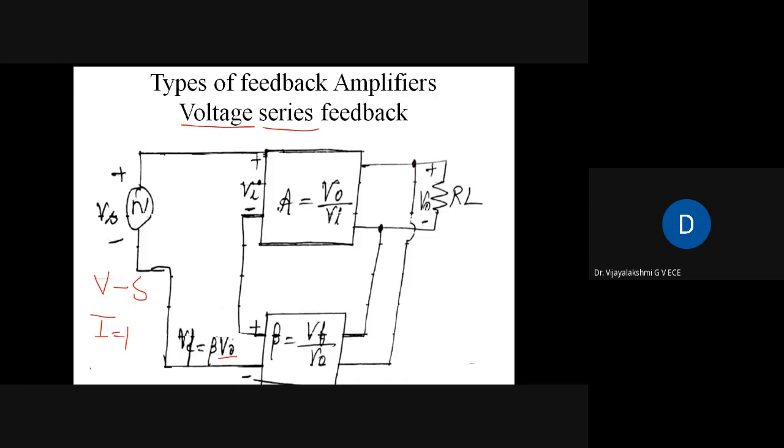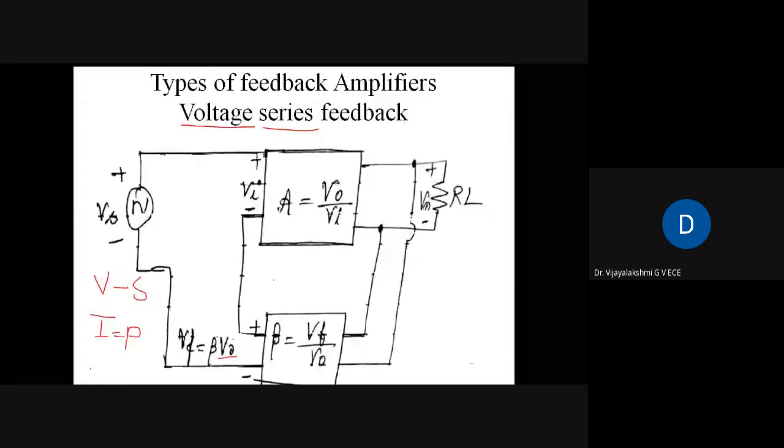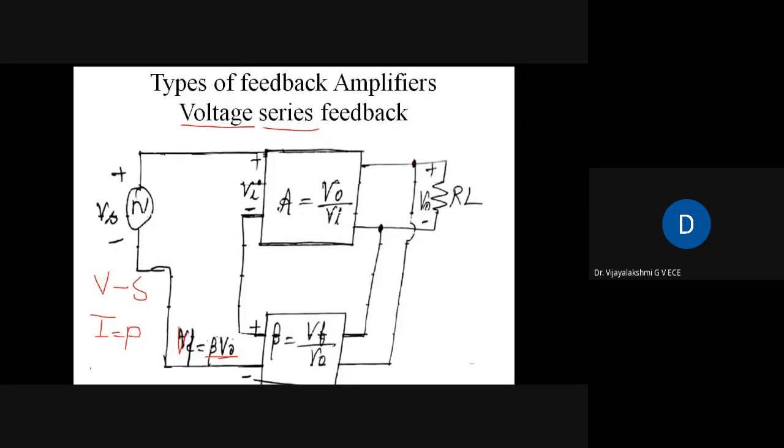Okay, now what I'm doing, from the output I'm taking the voltage signal, and that voltage signal is VF, that is your feedback signal. So how much of the voltage signal you are taking? Beta times V naught. So beta indicates what amount of V naught you are taking. So the feedback signal is VF, because I am taking voltage from the output.